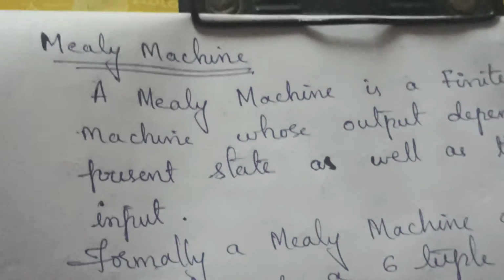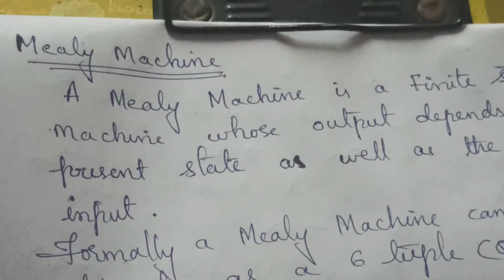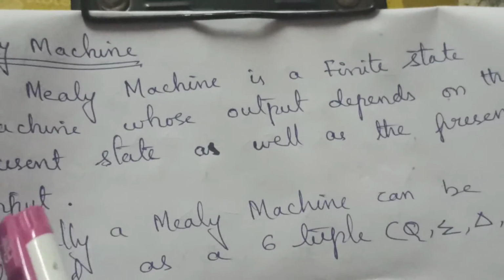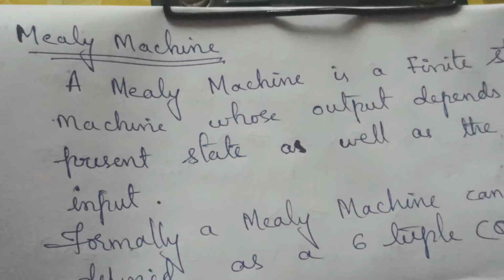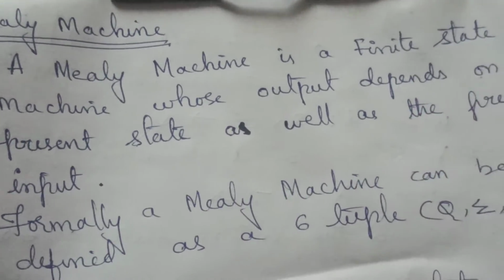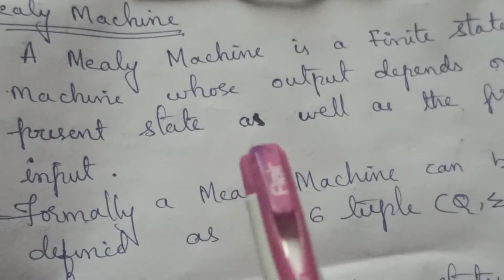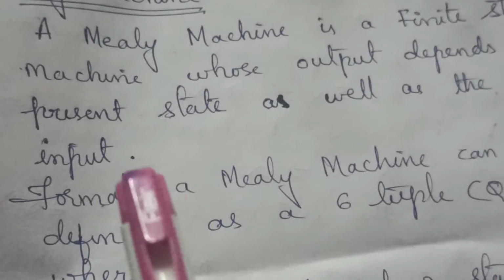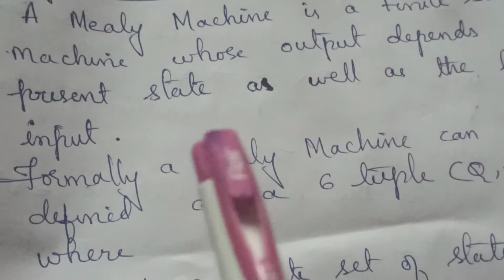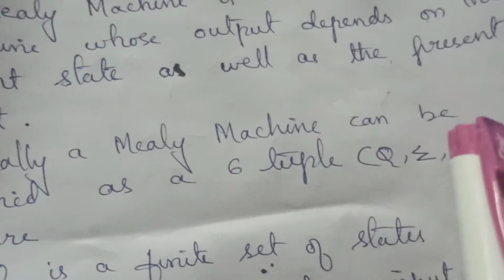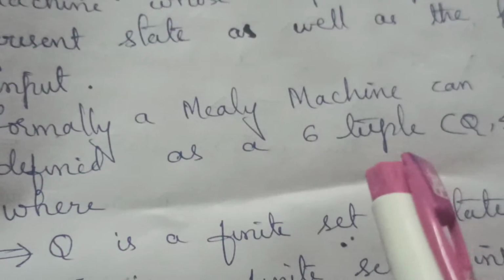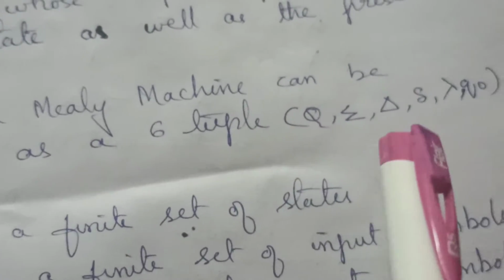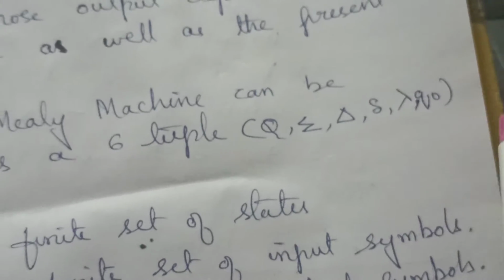Coming to Mealy machine, a Mealy machine is a finite state machine whose output depends on the current state as well as the present input, present state and present input. So formally a Mealy machine can be defined as a six tuple Q, sigma, delta, del, lambda, Q naught.